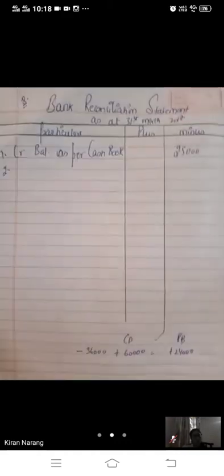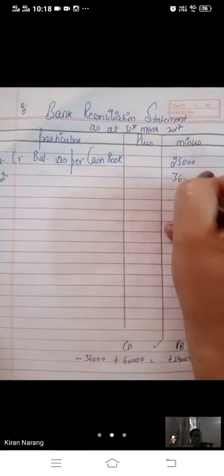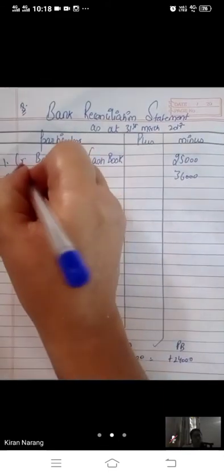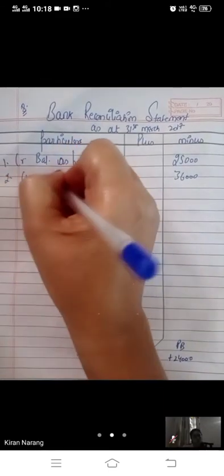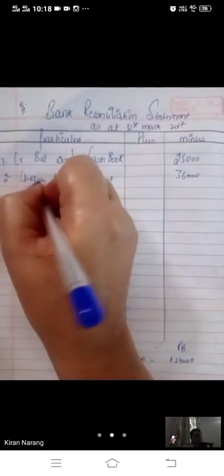So these 36,000 you have to subtract from the cash book. Checks deposited but not collected by bank.